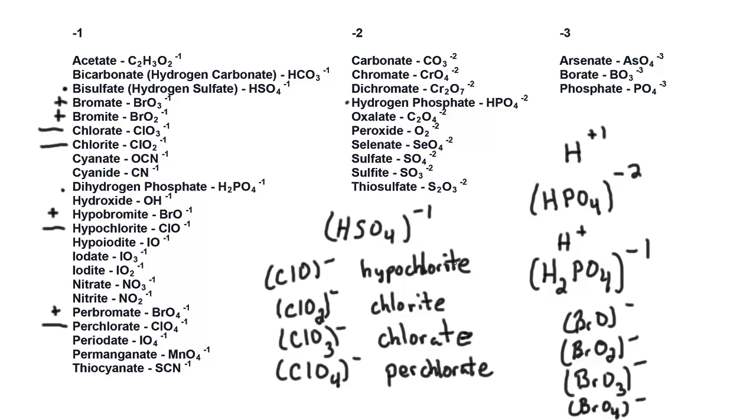Hypobromite. Let's try another one. Let's just do the iodates. Here we have iodate, iodite. Okay, so memorize iodate. IO3 is iodate. So you have to memorize that right there. So what is iodite? Iodite is one less oxygen, IO2.